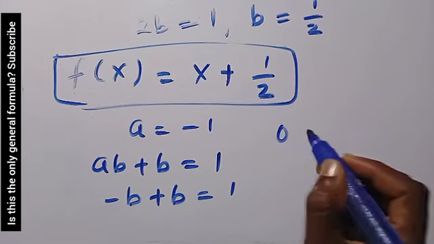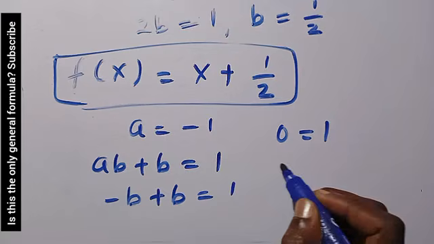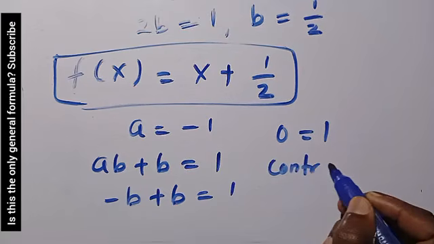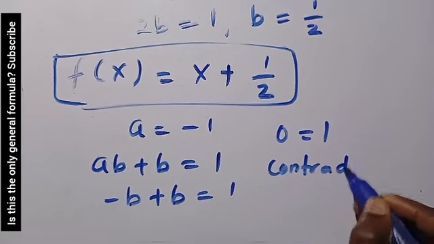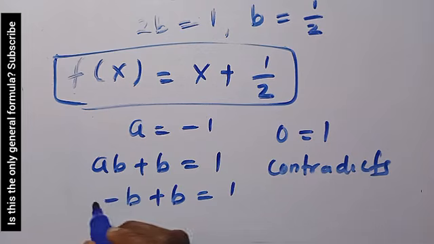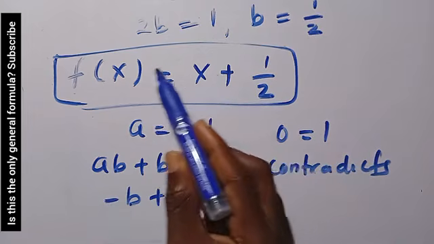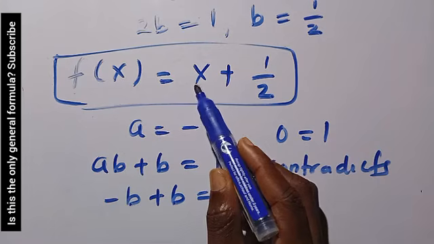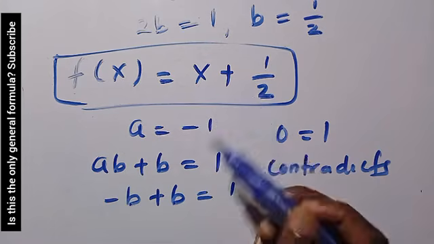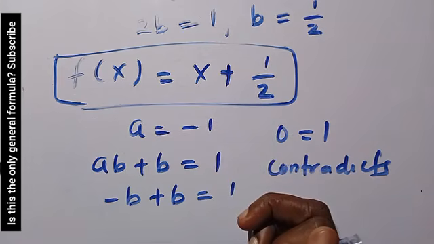Minus b plus b is 0, equals 1. And this contradicts. So we are going to neglect this, which means that the only solution here is f of x equals x plus 1 divided by 2.